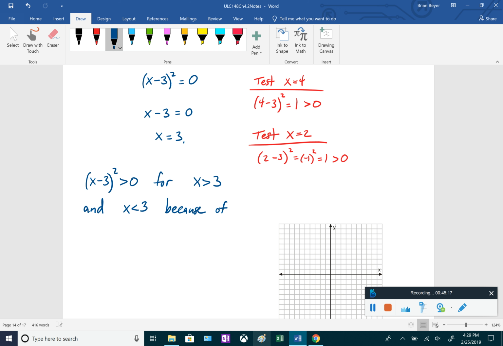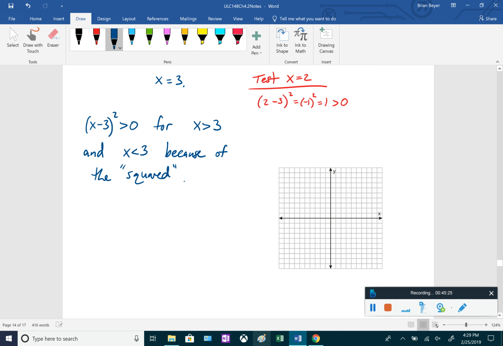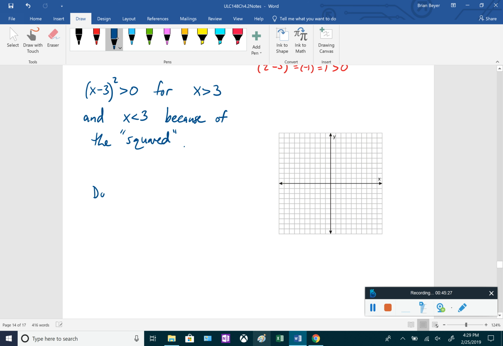So I'll put here, it's also that second interval of x less than 3 because of the squared. So the actual answer here is going to be negative infinity to positive 3, union 3 to infinity. So what that means is it's just everything except for 3.